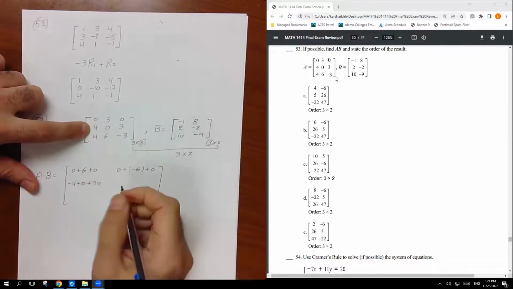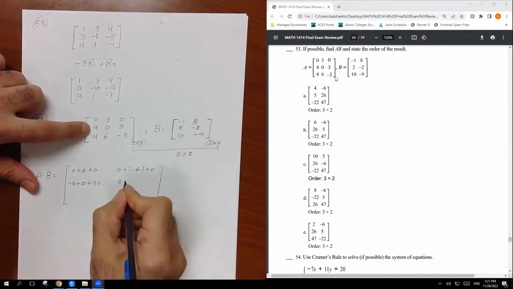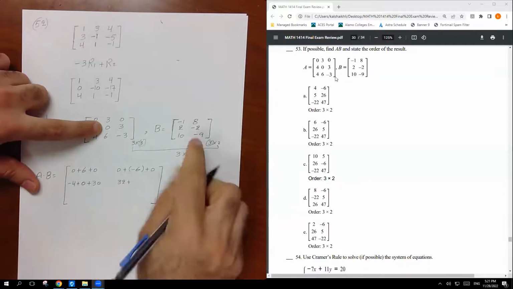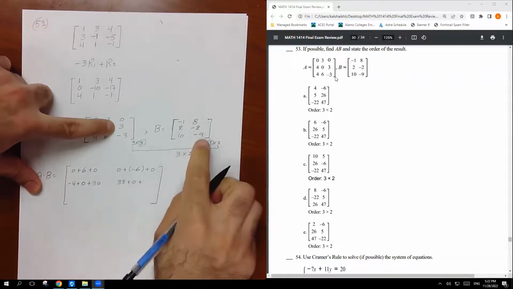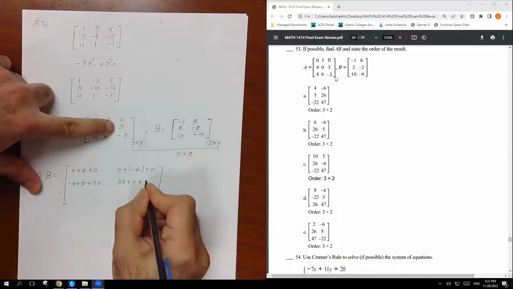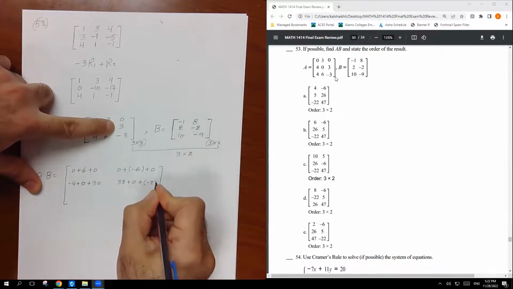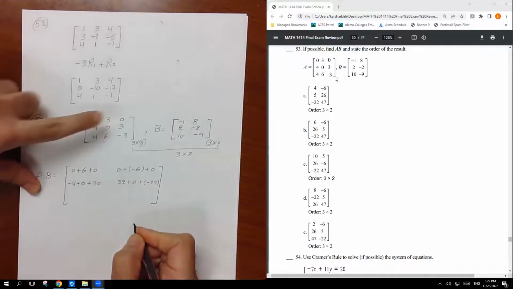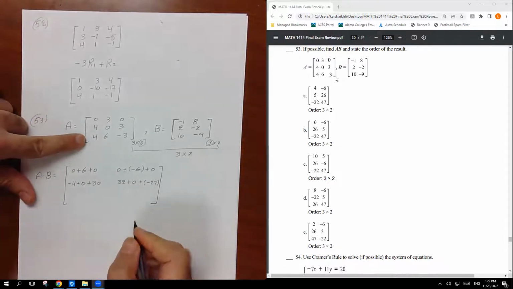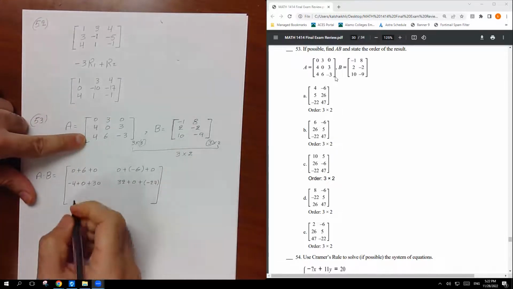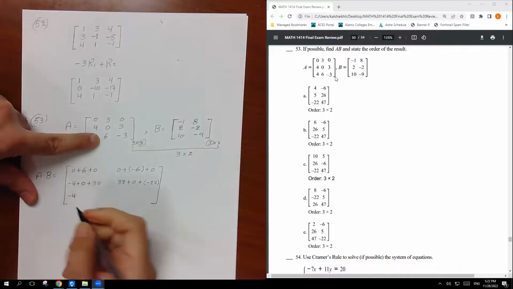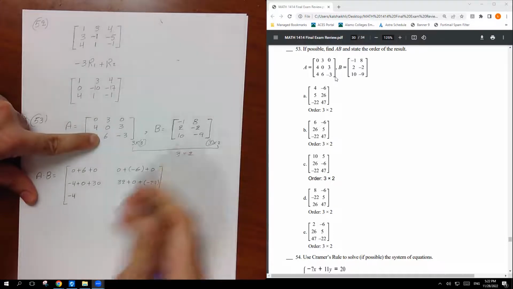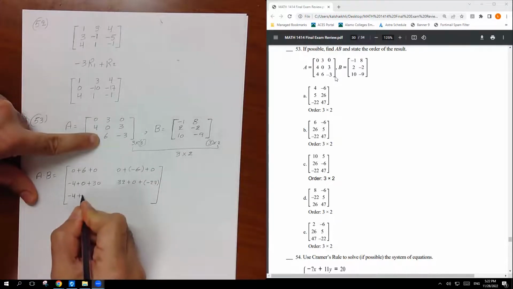So 4 times 8 is going to be 32, plus 0 times -2 is going to be 0, plus 3 times -9 is going to be -27. Now, the third row with the first column. So 4 times -1 is going to be -4. 6 times 2 is going to be plus 12.